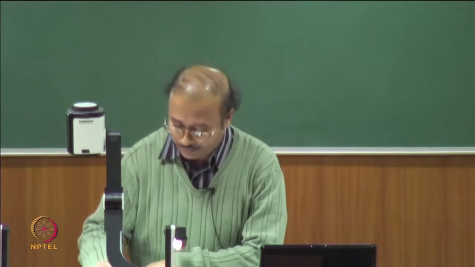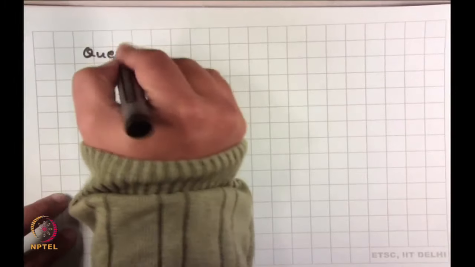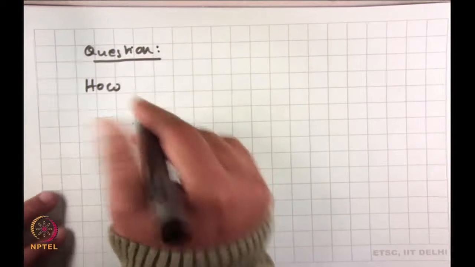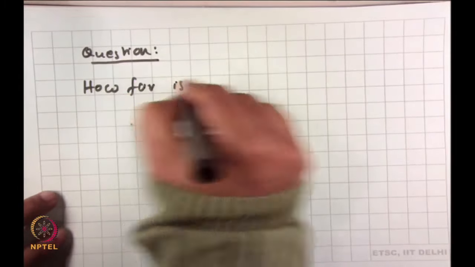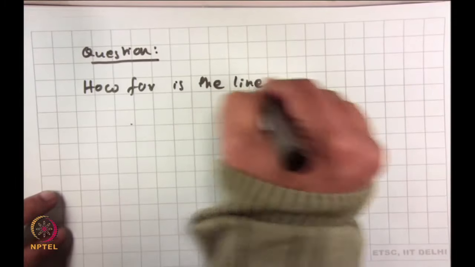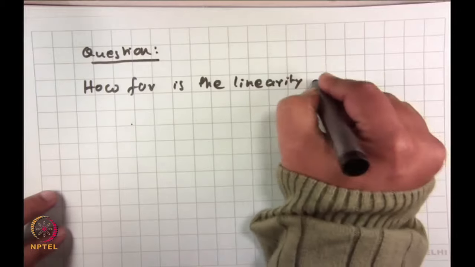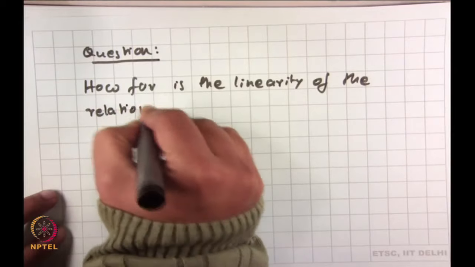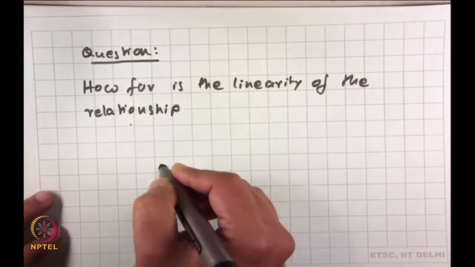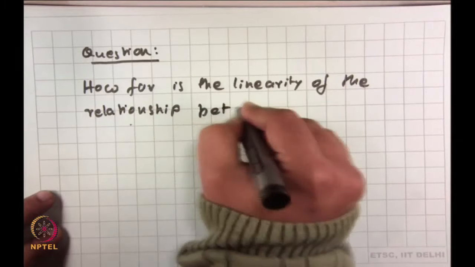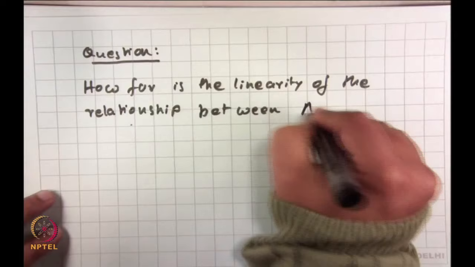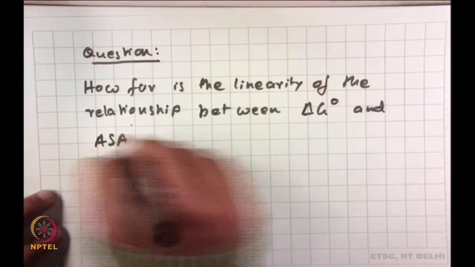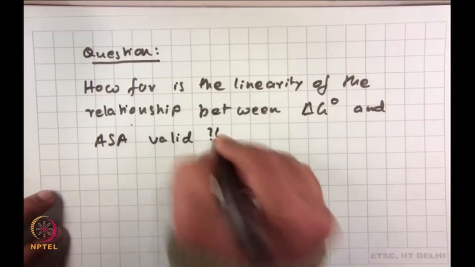So, now the question is, how far is the linearity of the relationship between the transfer free energy delta G0 and accessible surface area valid? That is the question we are trying to answer.